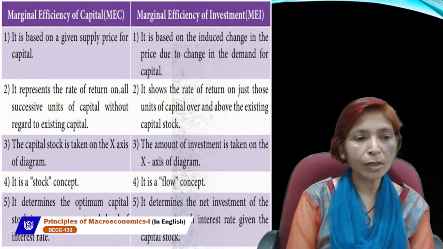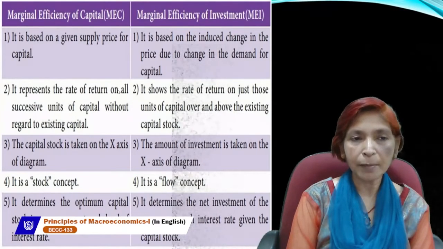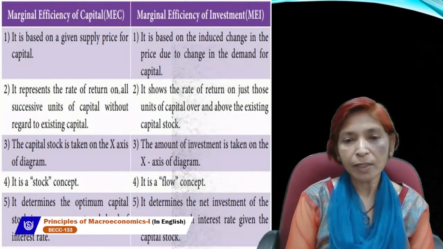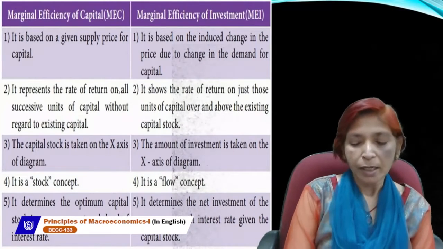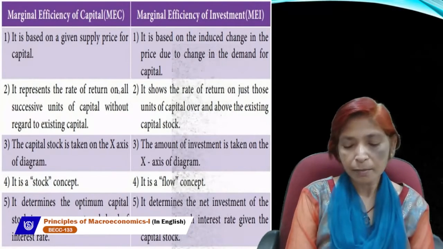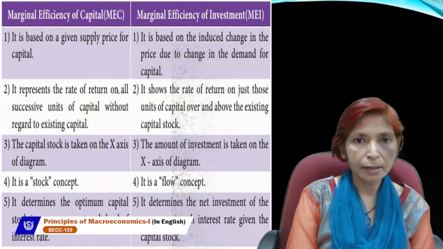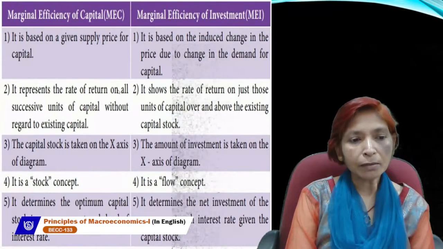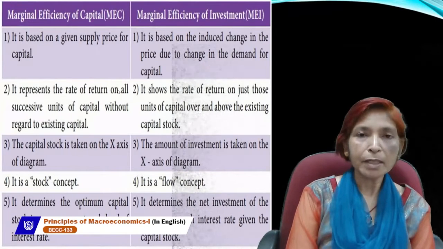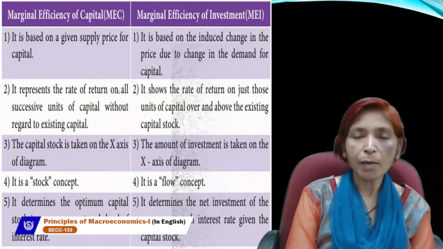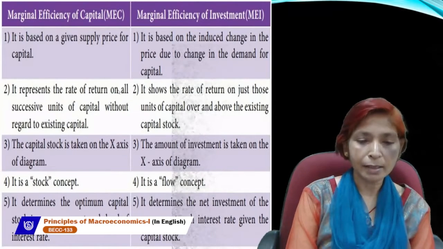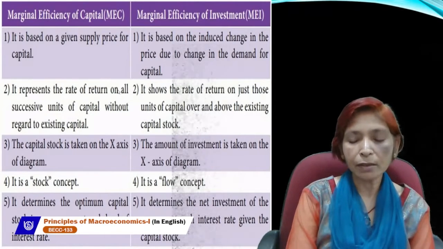Under MEC, we will not take existing capital, but in MEI, we will take the existing capital stock. MEI is a flow concept, but MEC is a stock concept. When we draw the MEC curve, we take capital stock on the x-axis, and when we draw the MEI curve, we take the amount of investment on the x-axis. So this is the basic difference.